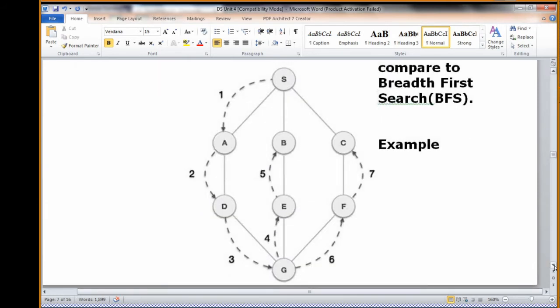First S to A, then A to D, and D to G. G is the leaf node. From G we'll move to the right side, where E is the first one. So from G we'll move to E, and then E to B, and from B you have to see which nodes are connected.